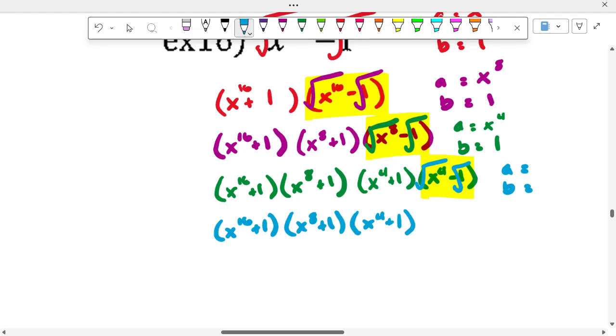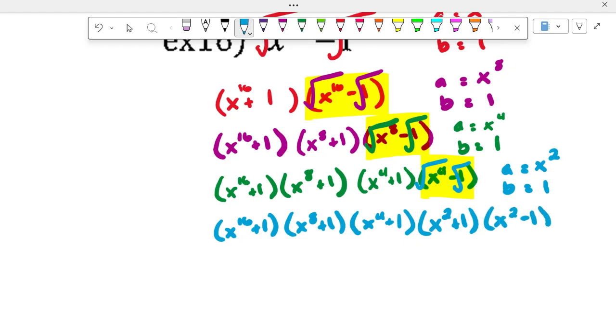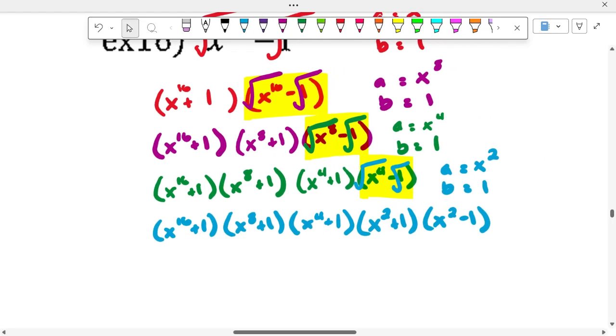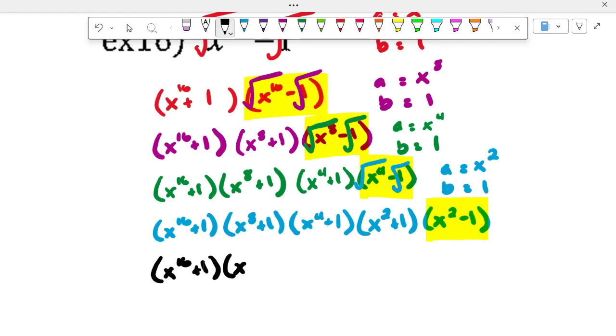What's the square root of x to the 4th? X squared. Square root of 1. 1. This is x squared plus 1, x squared minus 1. Am I finally done factoring? Nope. I got one more difference of squares. This should be the last time, though. So, make sure you bring down your 4 other factors.